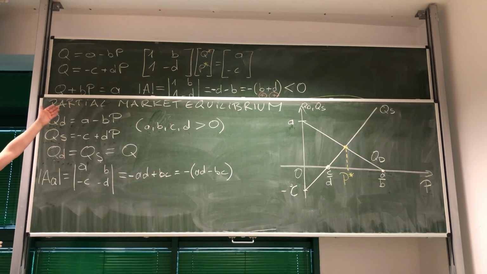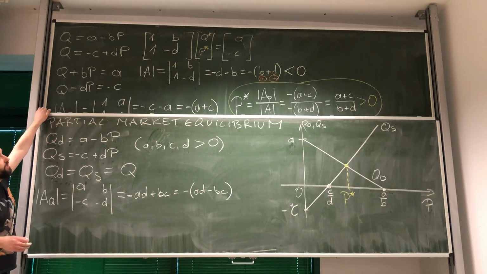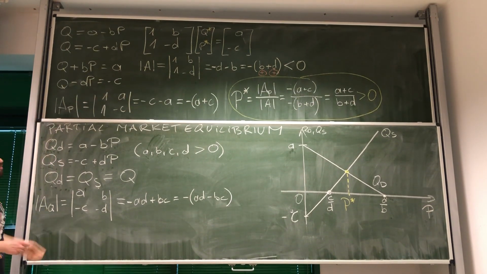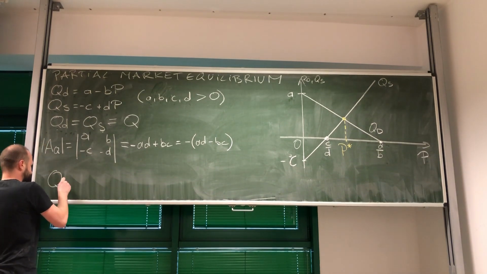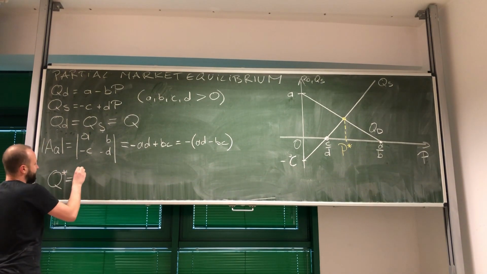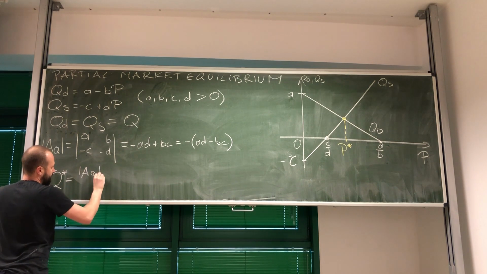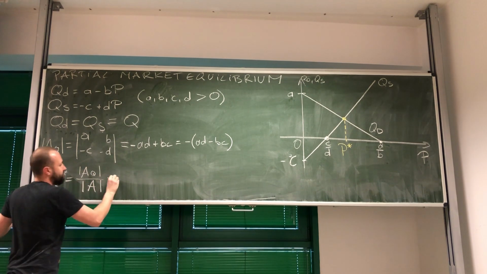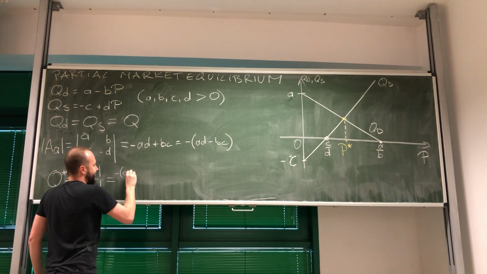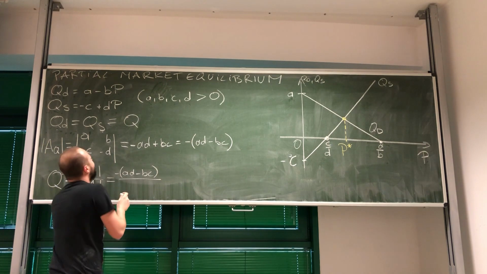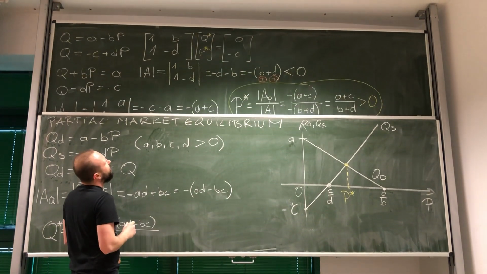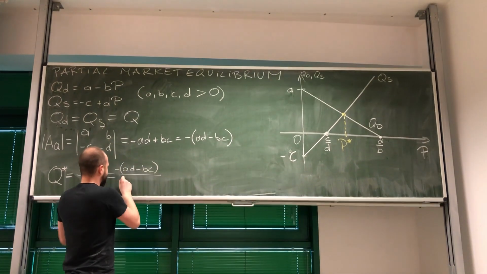Well, we of course calculate equilibrium quantity the same way as we calculated equilibrium price. So, equilibrium quantity is given as A_Q over A, and it's equal to negative AB minus BC over negative B plus D.